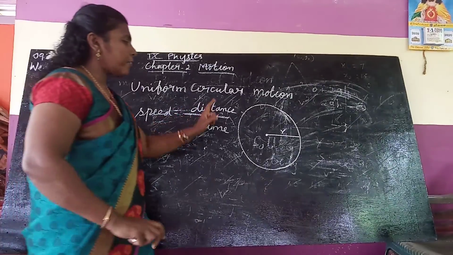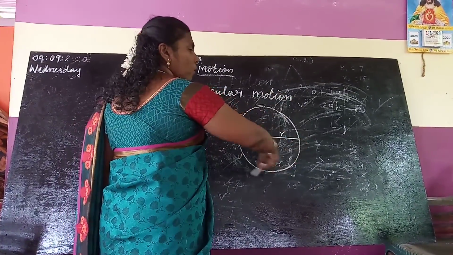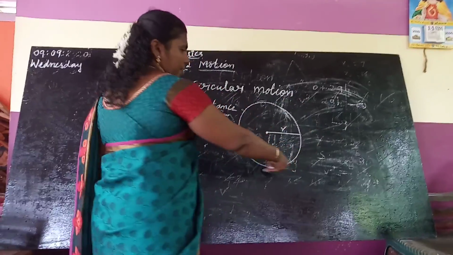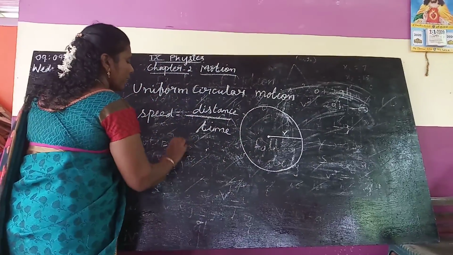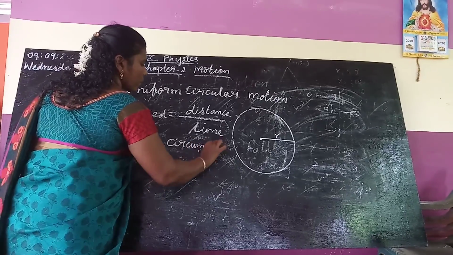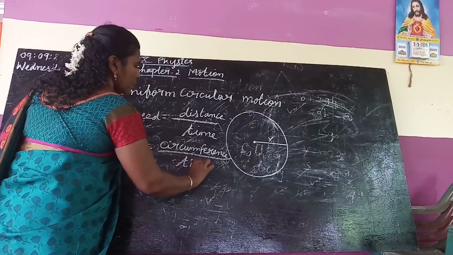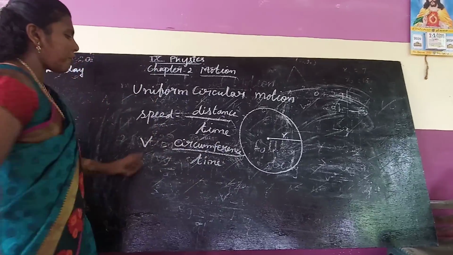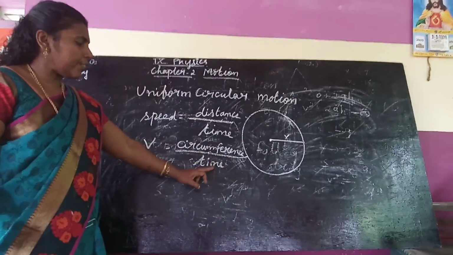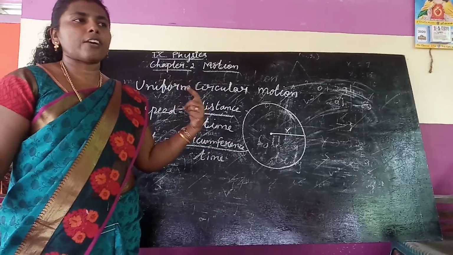So instead of distance, here the object is rotating in a circular path, so that's the circumference of a circle. So instead of distance, we have to write circumference divided by time. Speed is denoted by the letter v. So v equal to circumference divided by time. Now say the answer. What is the formula for circumference of a circle?